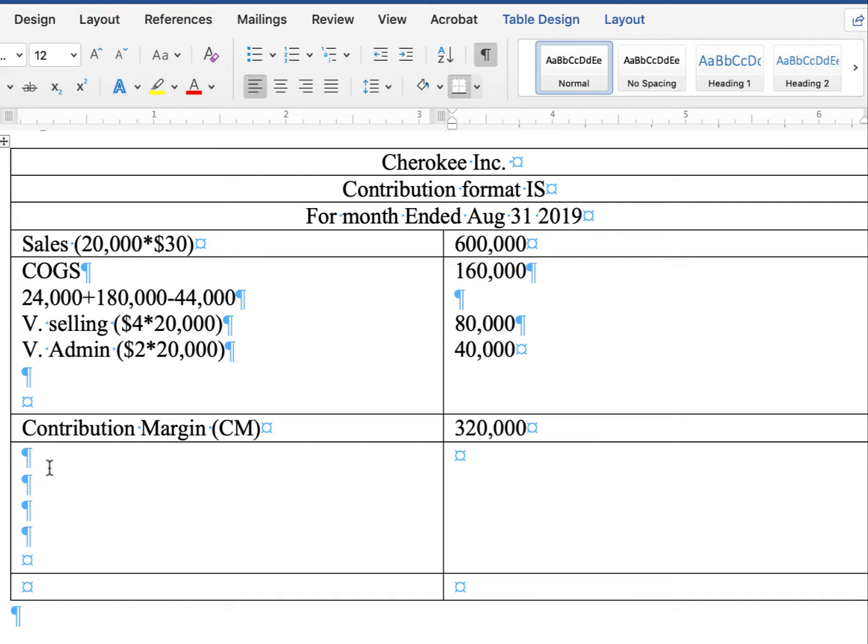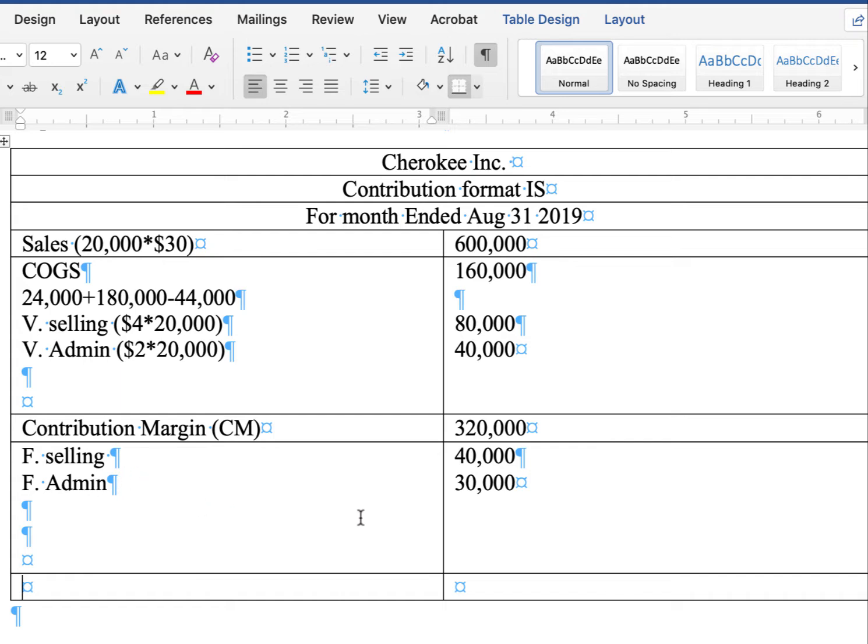Okay. From here, I need to subtract out my fixed expenses. So I'm going to abbreviate and say F for fixed selling, which they told us in the problem was $40,000. Oh, sorry. And then I'm going to take my fixed admin or administrative expenses, and the problem told us that amount was $30,000.